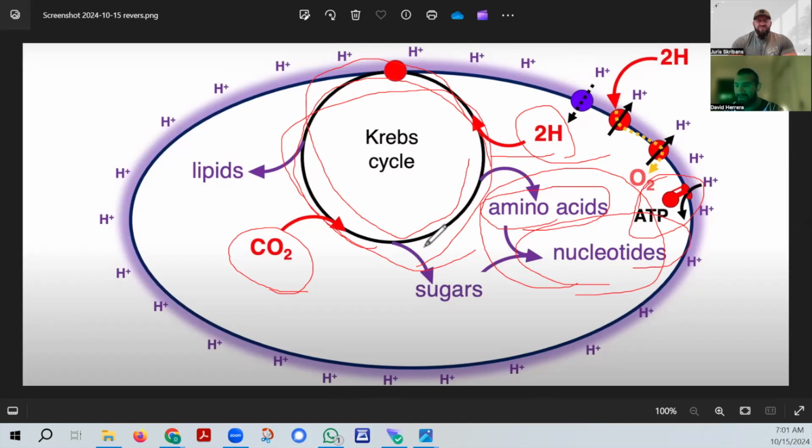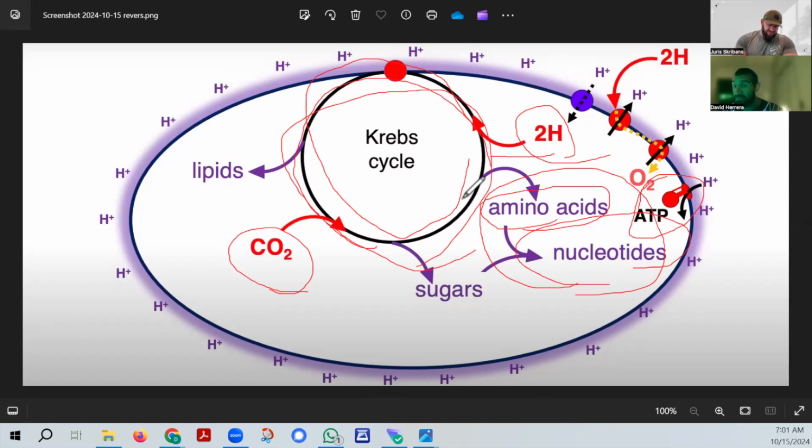And the primary function of any cell is to revert back to its base model. Its base model is let's make a bunch of things and replicate, right? This is the base model for all mitochondria. So when you get cancer, a cancerous cell is just a cell that's forgotten that it's part of a human, and it's in charge of building, and it is going to build and build and build and build.